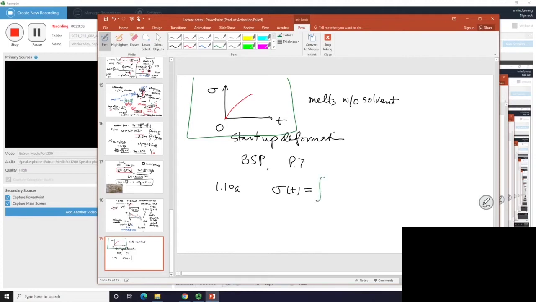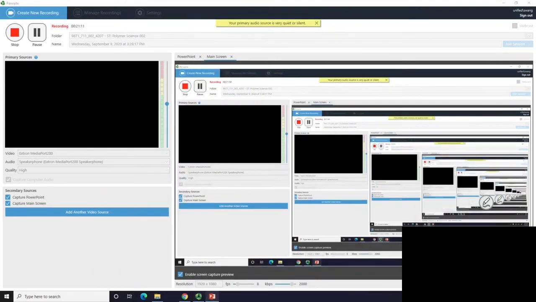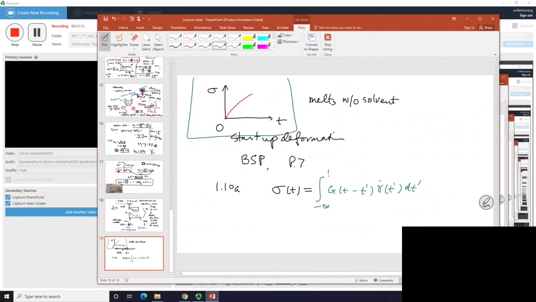And therefore, that equation says this. This is called the Boltzmann superposition principle.